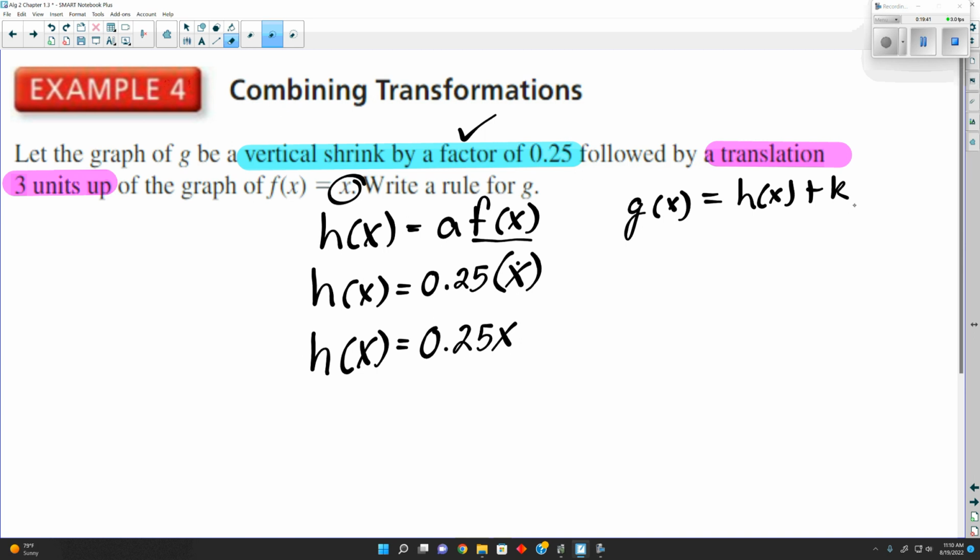Now in this case, the value of k is 3. Now would it be positive or negative? Because it's going up. Now h of x in our case is what? So you just kind of add that to it. And we can put parentheses around it because we're adding it in.